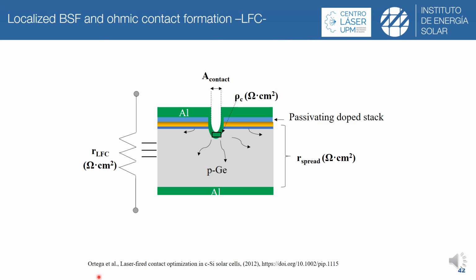We have made use of the method proposed by Ortega et al., in which the electrical laser fired contact resistance measure includes not only the specific contact resistance but also a spreading resistance term, which accounts for the current distribution to the bulk.